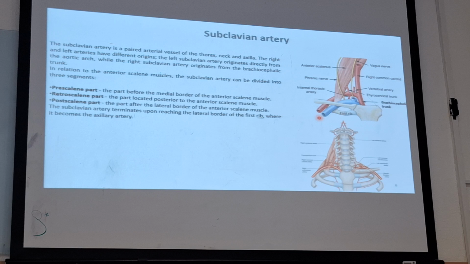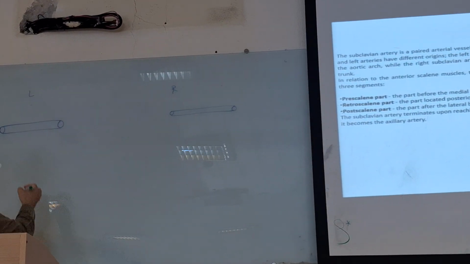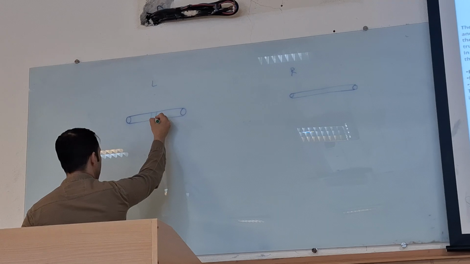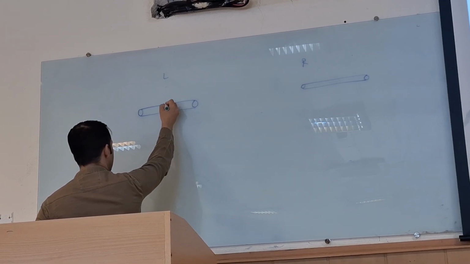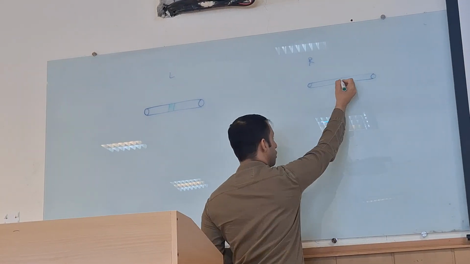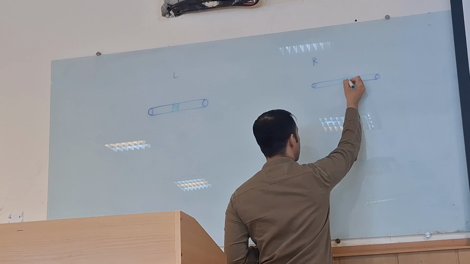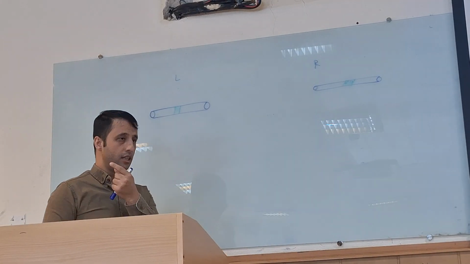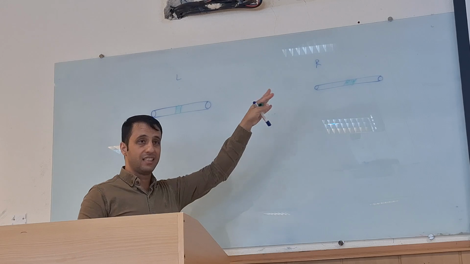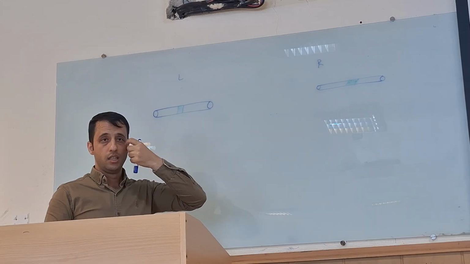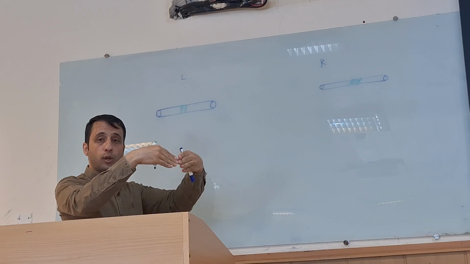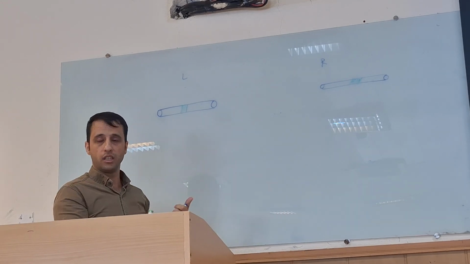Here, at this area, is the insertion of which muscle? The anterior scalenus muscle. Here is the insertion of the anterior scalenus muscle. You know that the anterior scalene is located anterior to this artery.